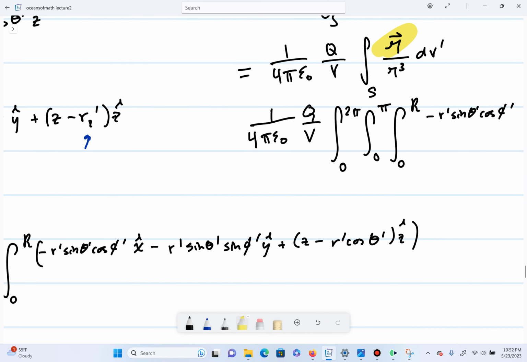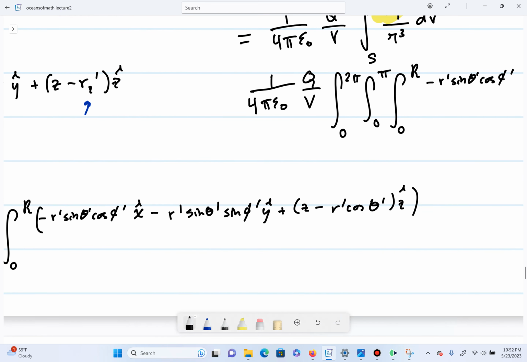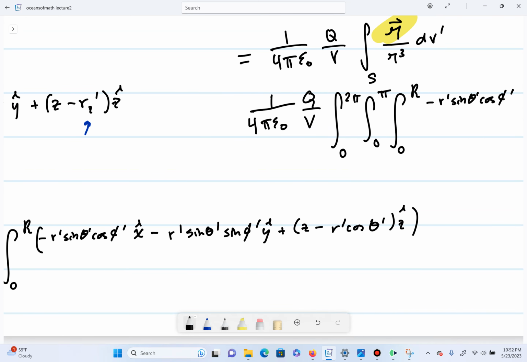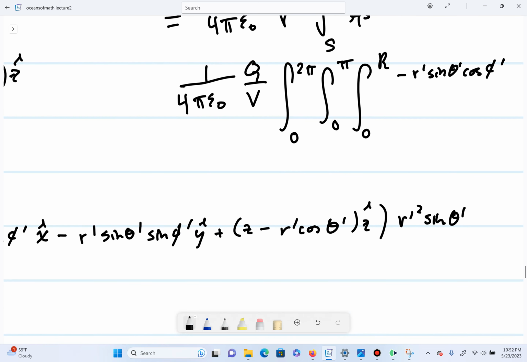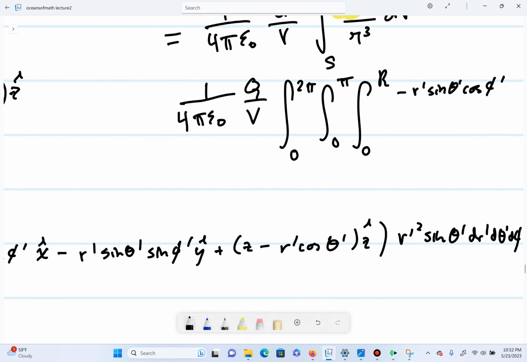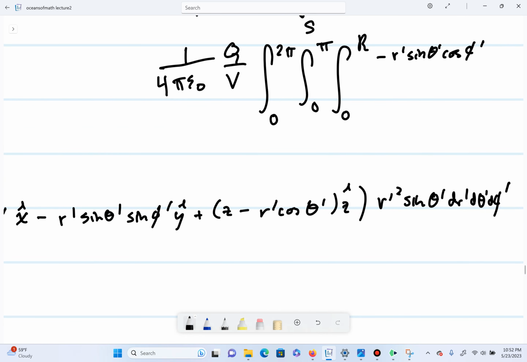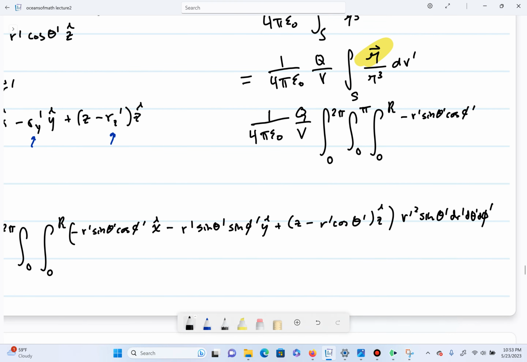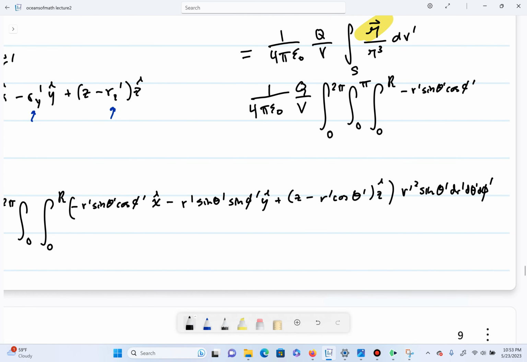Now the dv prime will come out as r prime squared sine theta prime dr prime d theta prime d phi prime, with barely enough room to squeeze everything in. So that's our dv prime.